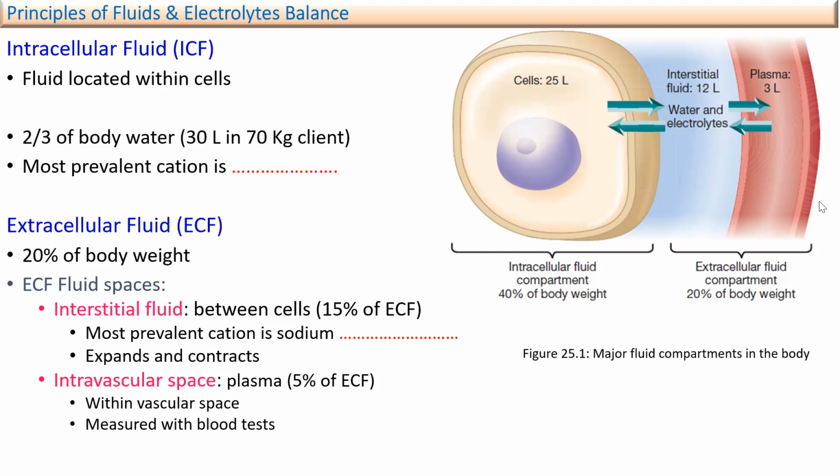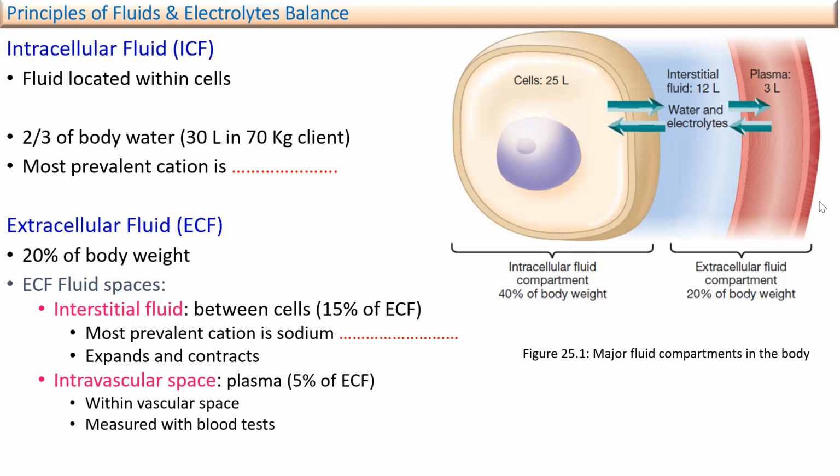So out of the body weight, about 20% of the fluids are outside of the cells, extracellular fluid, in which about 15% of that 20% will be in the interstitial space, and only about 5% will be in the plasma, or in other words, the vascular volume or the intravascular space. 25% of that ECF is present in the blood vessels, and 75% in the interstitial space.